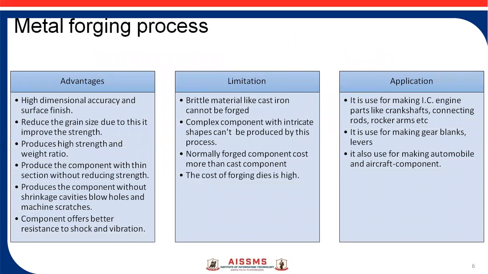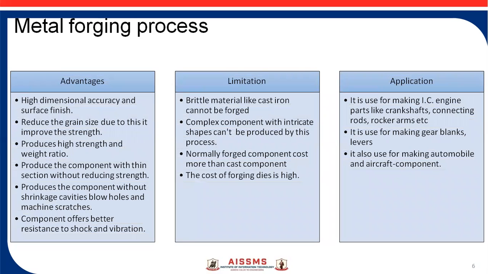This metal forging process has many advantages, limitations, and applications. First, high dimensional accuracy and surface finish as compared to the casting process. Compared with casting, the accuracy is more and the surface finish is also better. Reduced grain size gives improved strength.